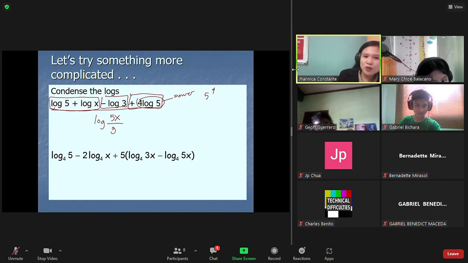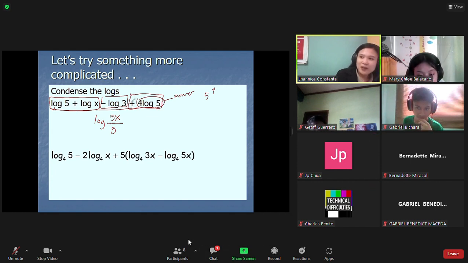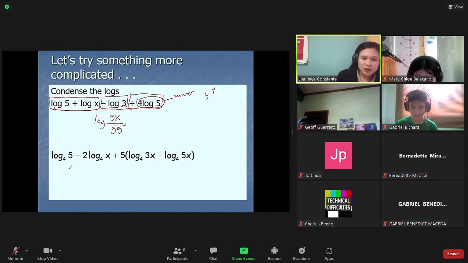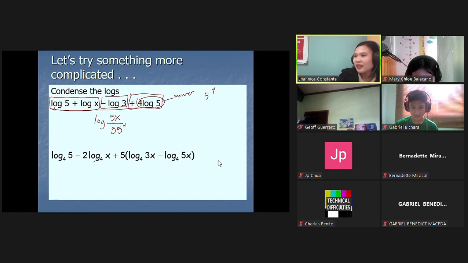But it also has a product rule since it has addition. So we're going to have 3 times 5 to the fourth power. So we have logarithmic 5x over 3 times 5 to the fourth power. So let's proceed with the next example that we have.